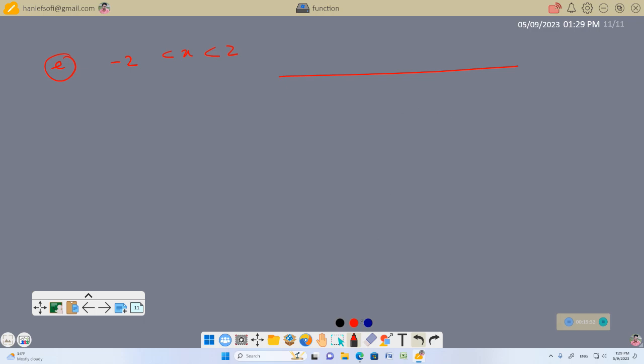If this is my minus 2 and this is my, sorry, let me write it with an empty circle. 2 is not included. So it is my 2. So x is any number between minus 2 and 2, right?